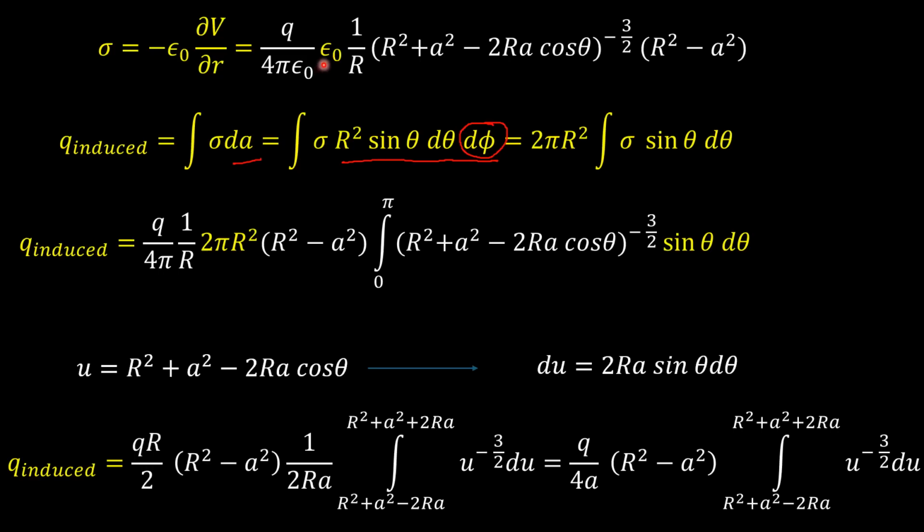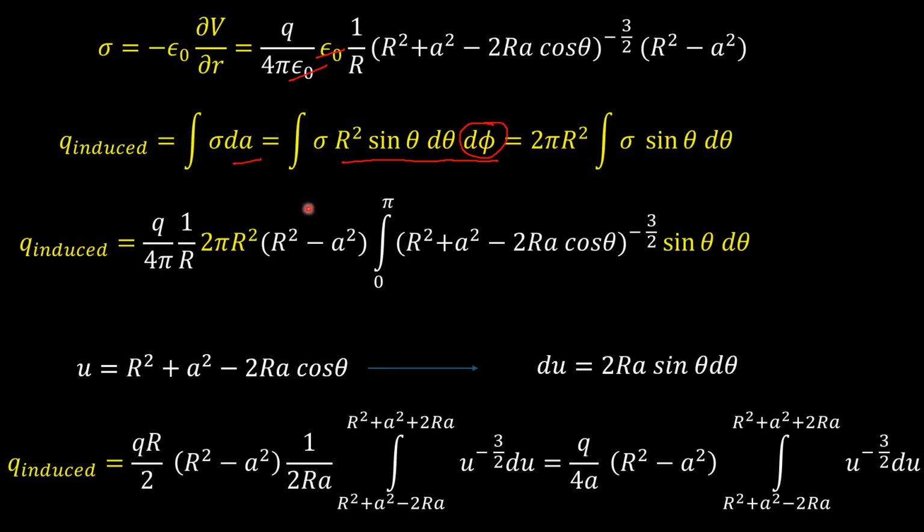Now you substitute this sigma you got here into the integral. Then you will get already Q over 4 pi. Here this epsilon naught will get cancelled. So you will get Q by 4 pi, and this 1 over r.